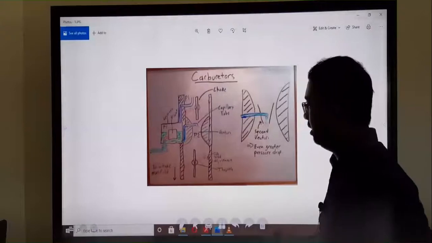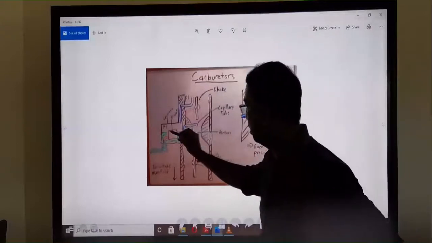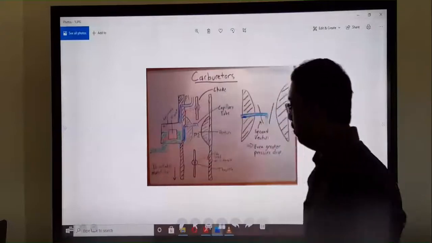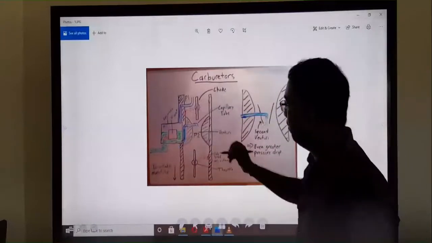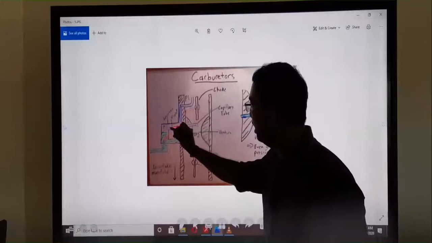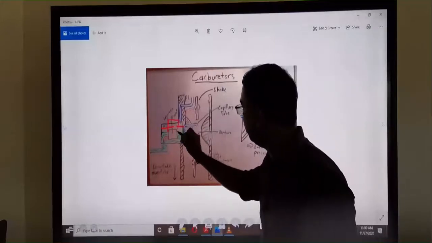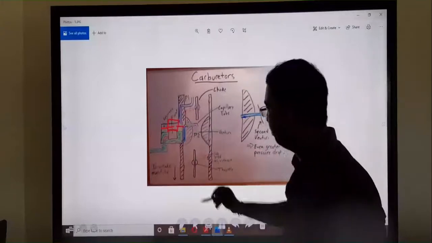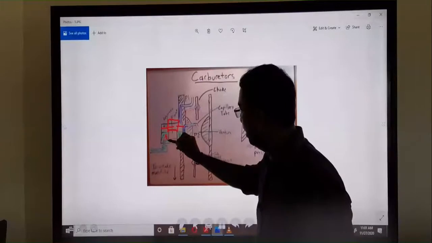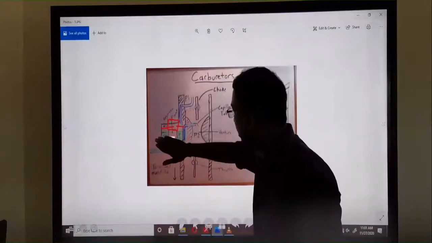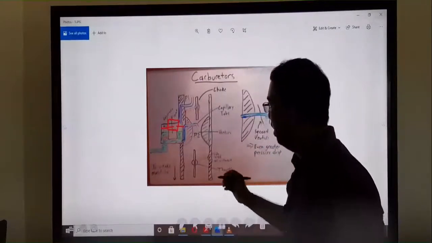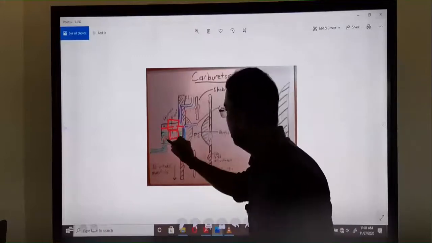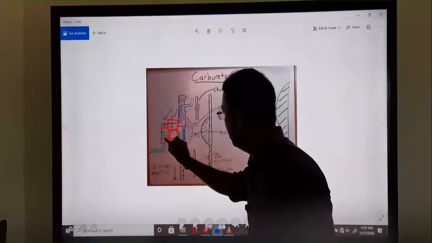And here we can see there is a floater. It floats on the fuel. When the fuel level increases, the floater also moves upwards. Here is a pivot point. When it comes to this position, this connection is accomplished.